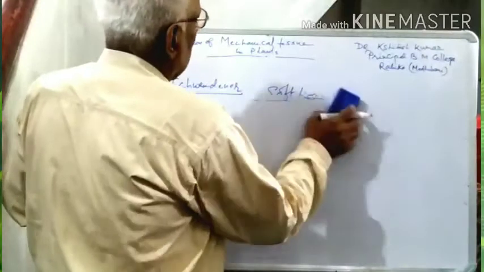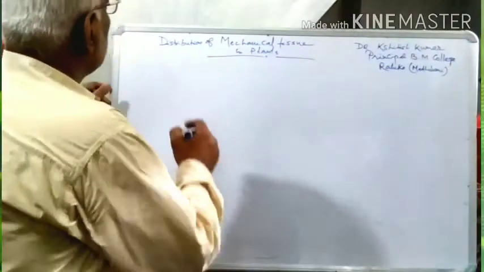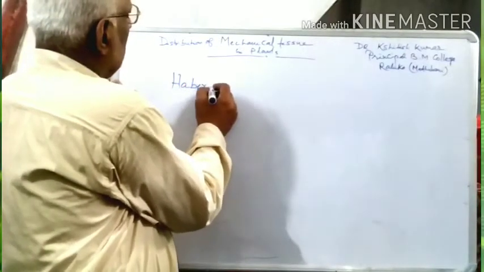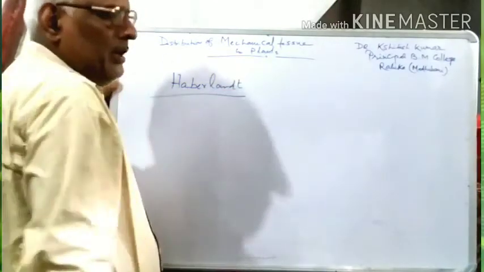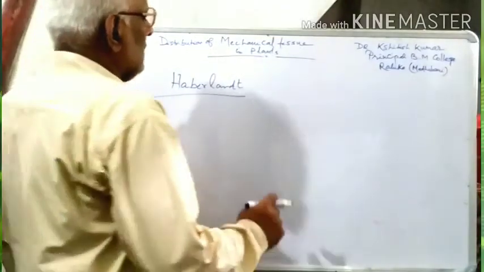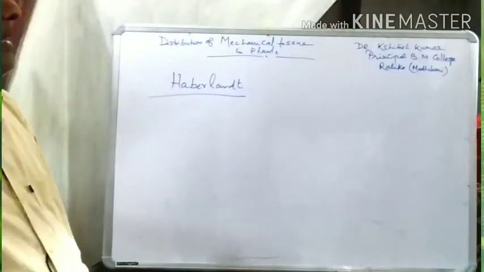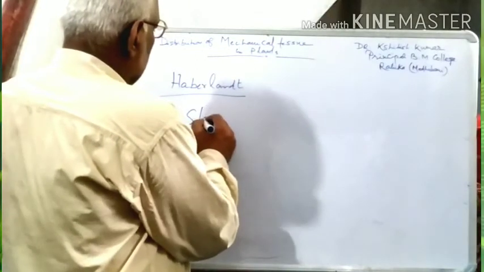Next there was a scientist known as Haberland. He proposed that the entire mechanical tissue system found in the plant should be termed as stereome.